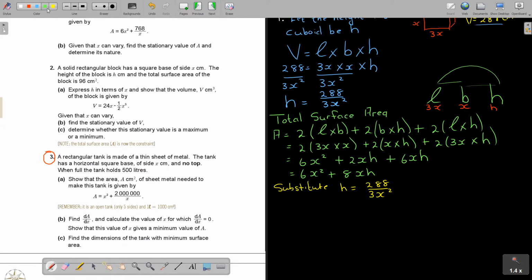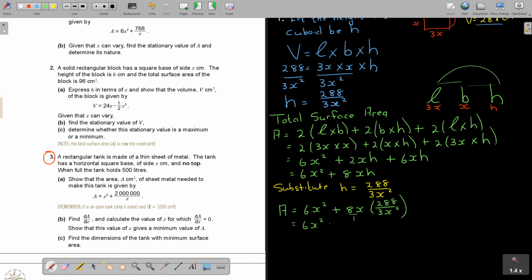Okay, so basically, if I'm going to do that, I'm going to get area equals 6x squared plus 8x times 288 over 3x squared, equals 6x squared. Okay, put it over 1. So the x cancel. So it's 8 times, let's just multiply, 8 times, and that's divide by 3.